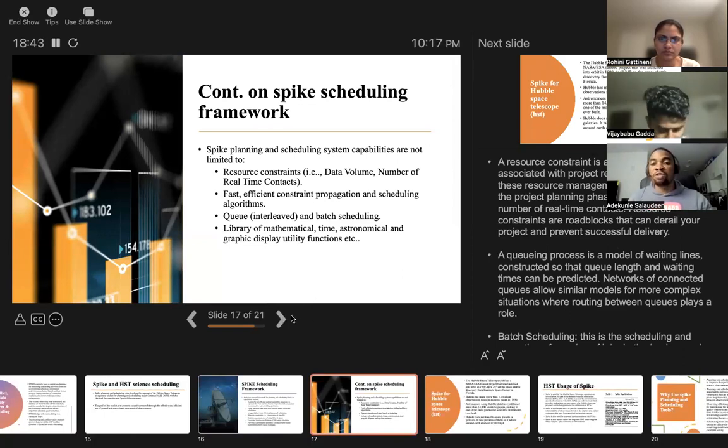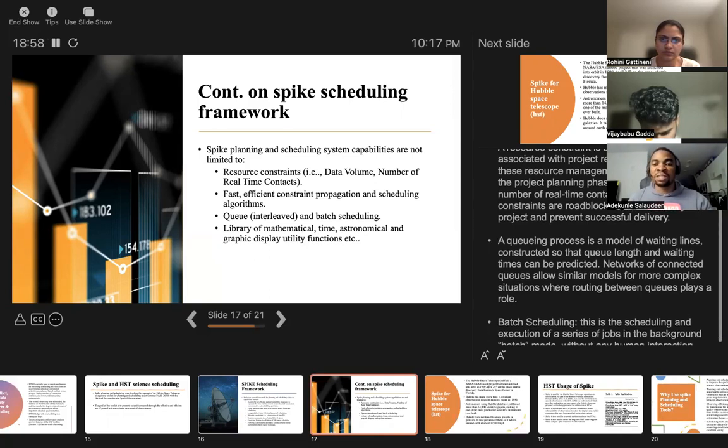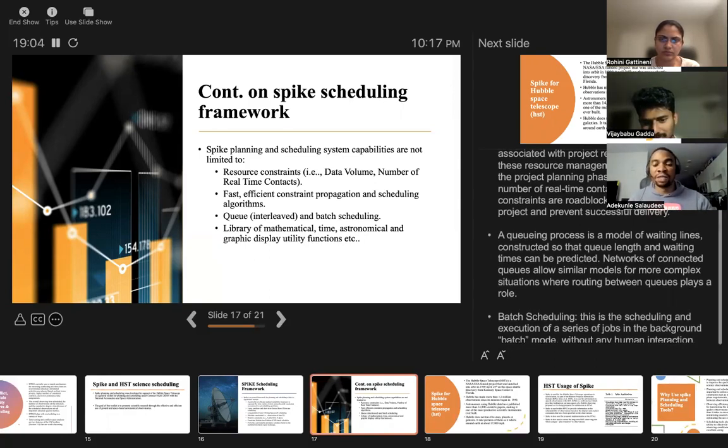A resource constraint is any limitation or risk associated with project resources. Identifying this resource management constraint is part of the project planning phase, such as data volume, number of real-time contents, and resource constraints are roadblocks that can derail your project and prevent successful delivery.